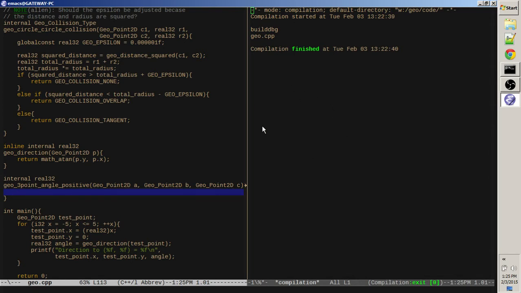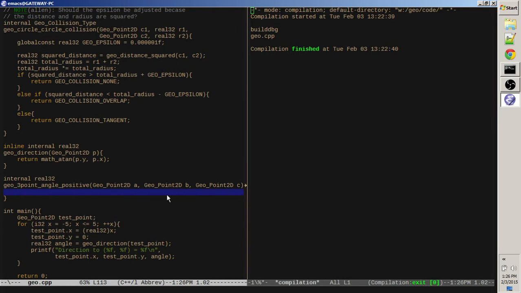But now if I flip them, I make this the A, and I make this the C. Now A is going to go past pi. It's going to go halfway around the circle and then keep going to find its way there. So with the order we put them in, ABC versus CBA will matter in terms of whether we get the small angle or the big angle for this function. This function's job is just to find the positively oriented angle.